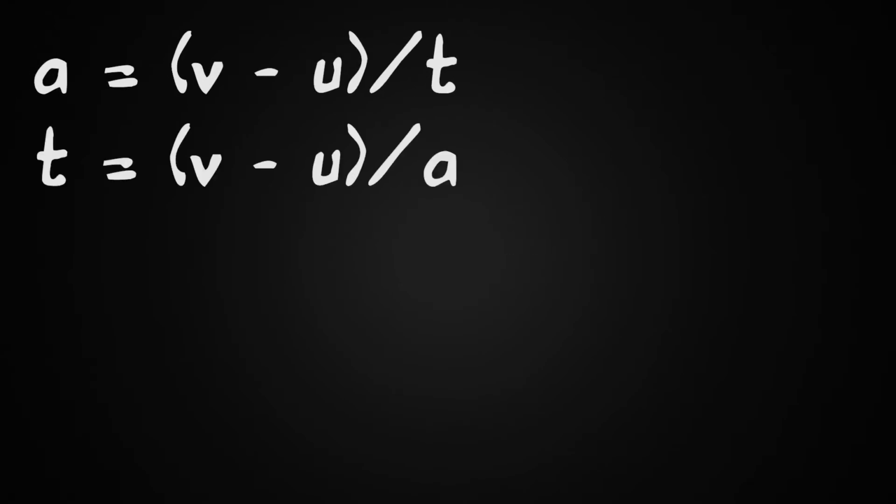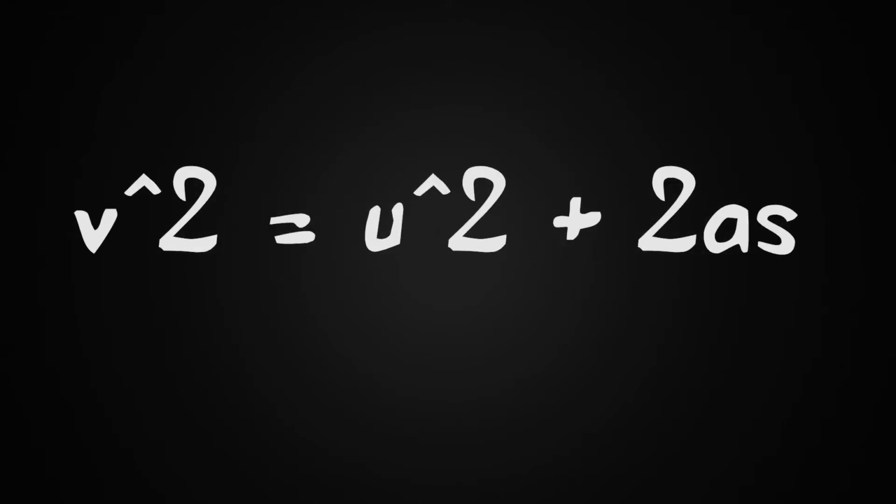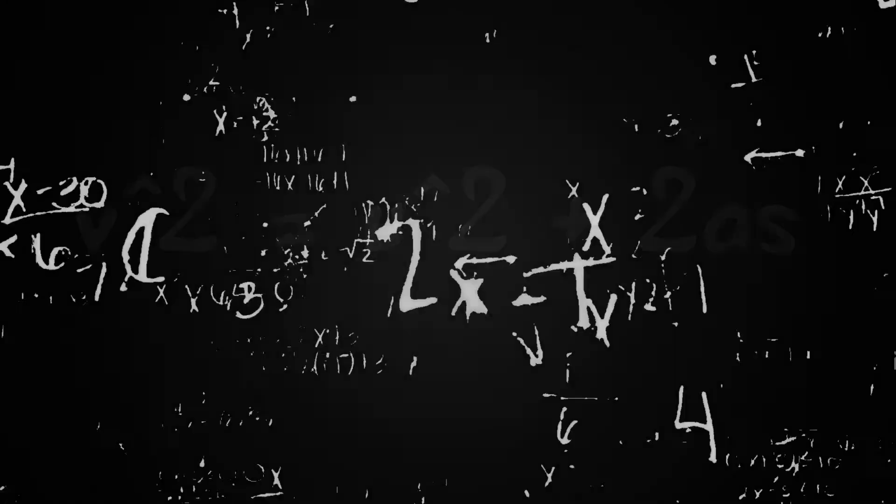By this equation, s is equal to u plus v times t over 2, and substituting the above value for t and simplifying, we get the equation s is equal to v squared minus u squared over 2a. By cross-multiplying and further simplifying, we get final velocity squared equals the sum of the initial velocity squared and 2 times acceleration into displacement, which is v squared is equal to u squared plus 2as. This is the third kinematic equation.